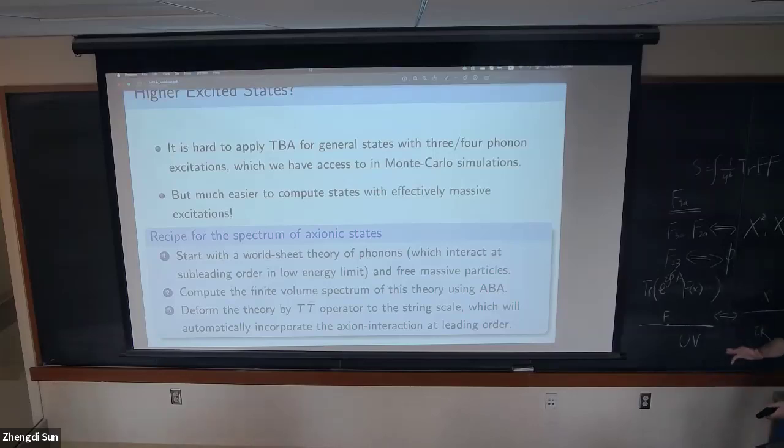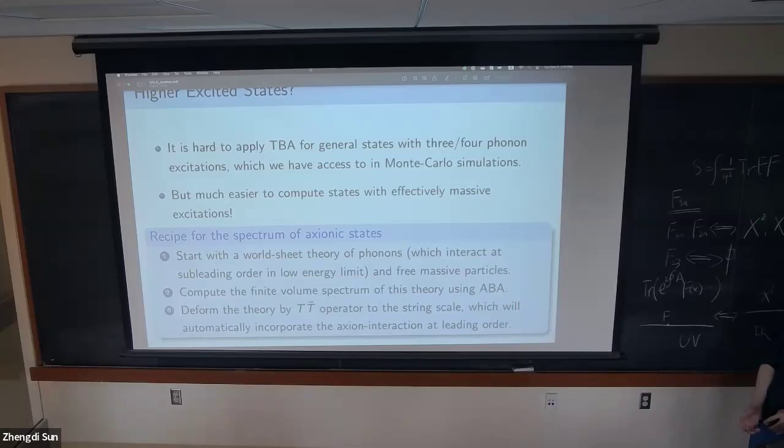We start with the Nambu-Goto theory of phonons, which interact only at subleading order in the low energy limit, meaning that we have thrown away the leading integrable phase shift, and we also include massive particles. So here there's only one particle, which is given by the worldsheet axion, and we compute the finite volume spectrum of this theory using the asymptotic methods.